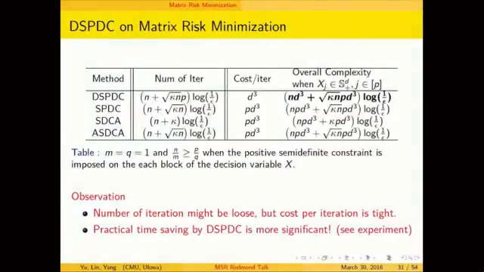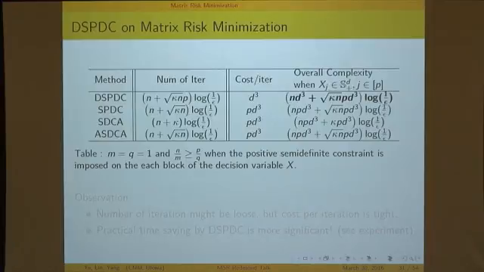Now we'll skip most of the detail and just show the theoretical result. For this matrix minimization, the number of iterations is the same, but we only need to do one eigenvalue decomposition per iteration, while all the other competitors need to do P eigenvalue decompositions. So in the overall complexity, the SPDC again wins.